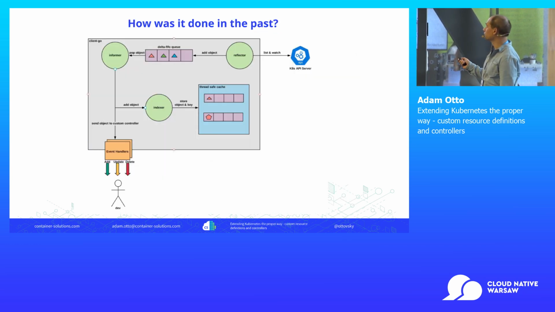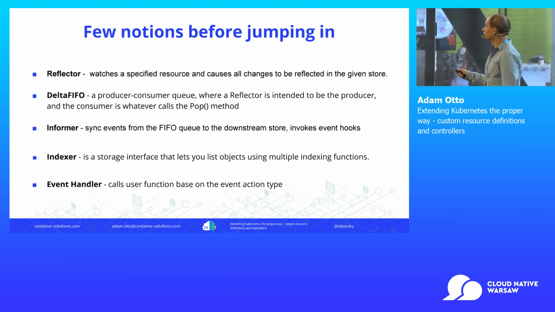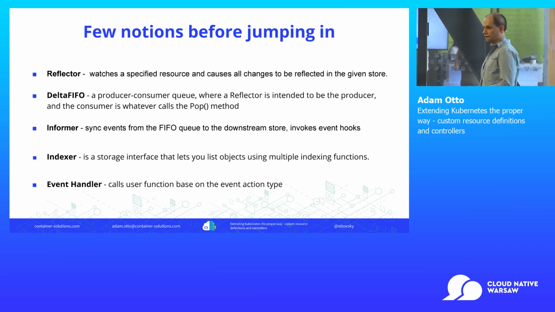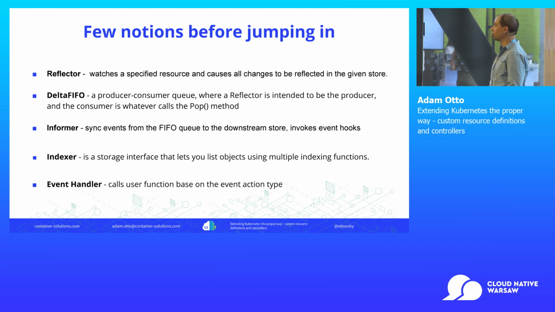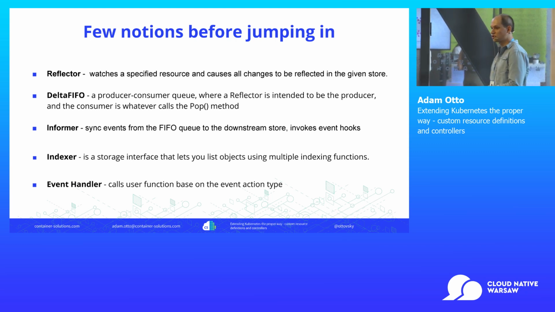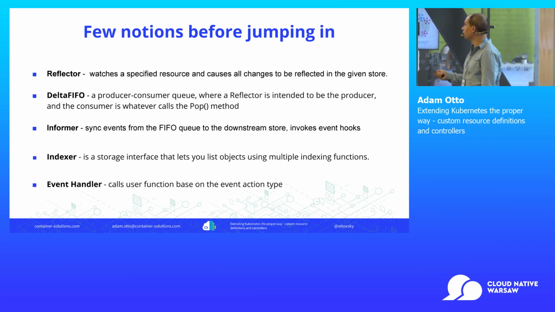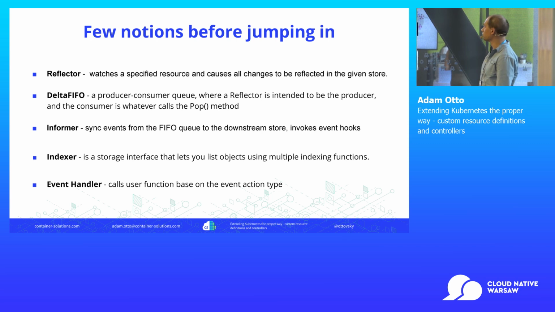Before I deep dive into this picture and explain what's actually going on here, let me define a few notions for you. We have a reflector. This is the structure in client-go which watches the resources in the Kubernetes API server and reflects those objects in the queue. We have a Delta FIFO, which is a producer-consumer queue, where the reflector is intended to be the producer, and the consumer is whatever calls the pop method.